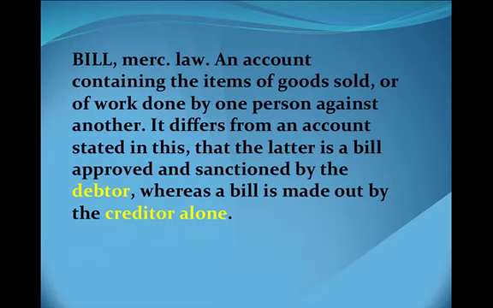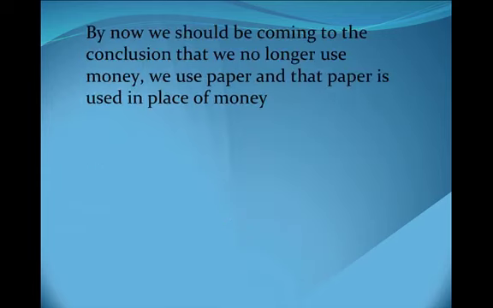So say you engage your local plumber or carpenter to do a job for you. That is a bill approved and sanctioned by you, the debtor, whereas a bill is made out by the creditor alone. Okay? And this is how they're catching us.